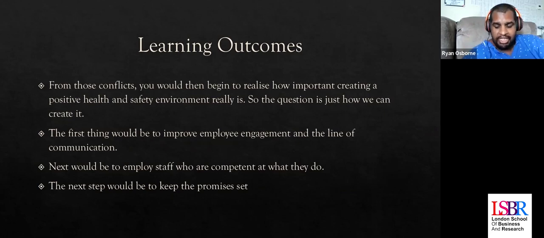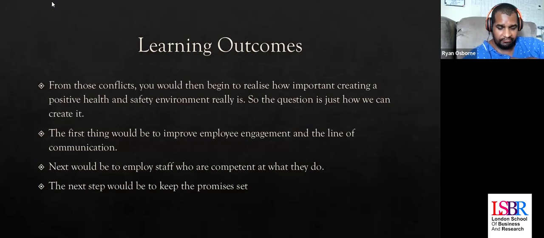The next thing is, in an ideal world, you would want to employ staff who are competent at what they do. Now, I'm sure most of you are on the course so you can learn about health and safety and, of course, be competent in health and safety. So when you go out into the world of health and safety, let's say now, you're fully backed.